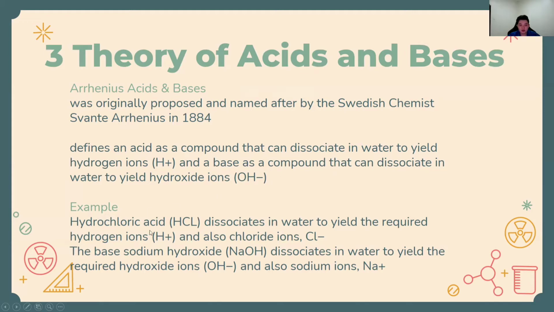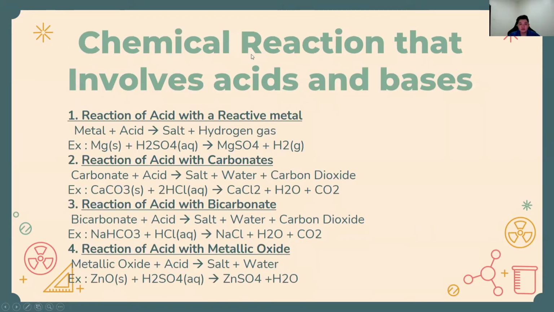Example, hydrochloric acid or HCl dissociates in water to yield the required hydrogen ions H+, and also chloride ion Cl-. The base sodium hydroxide NaOH dissociates in water to yield the required hydroxide ions OH- and also sodium ions Na+.